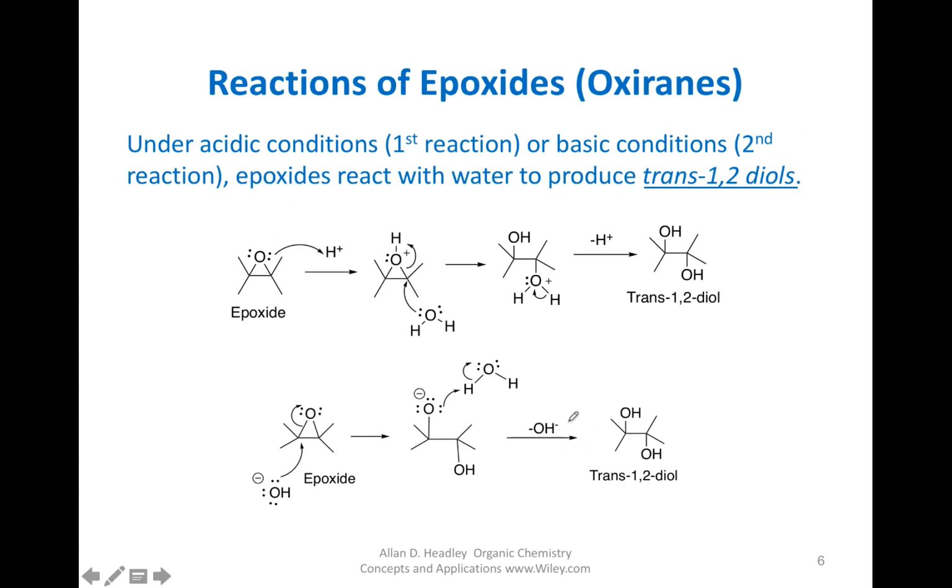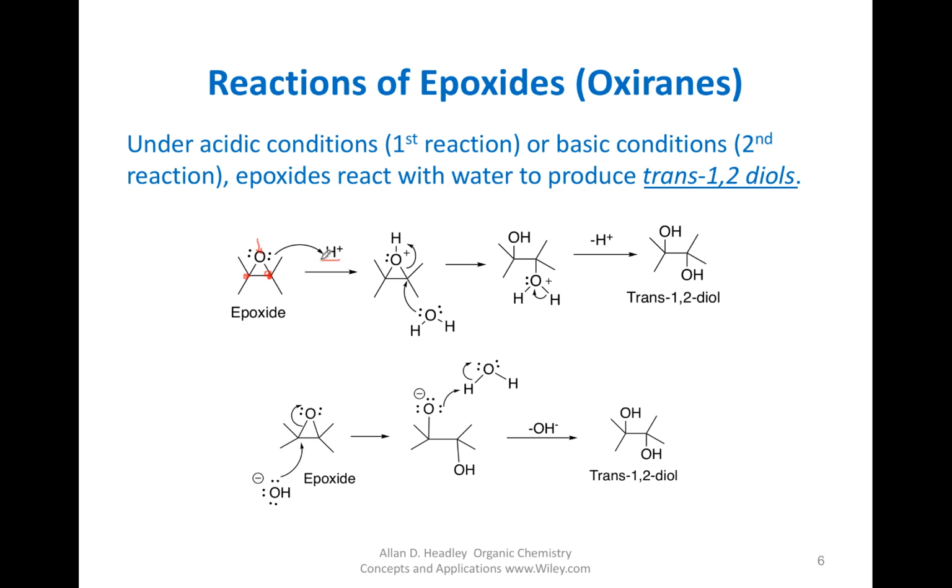Epoxides are very important functional groups in organic chemistry. They are very reactive. As you can see here, it's a carbon and a carbon that's bonded to a very electronegative oxygen, which means that these carbons here are electrophilic, or partially positive.